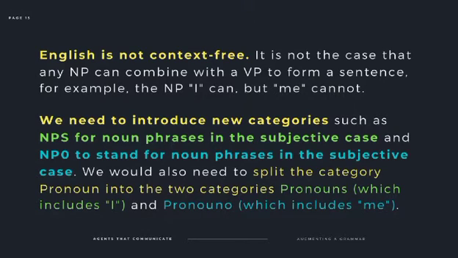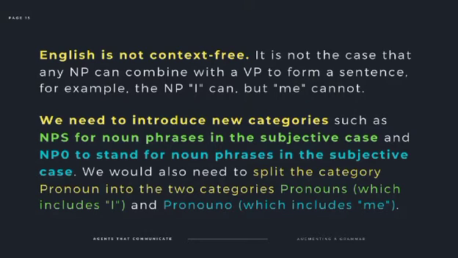For example, the noun phrase I can, but me cannot. If you want to stick with a context-free grammar, we will have to introduce new categories such as the NPS, or the noun phrase singular, and the NPO, or the noun phrase objective case, respectively.